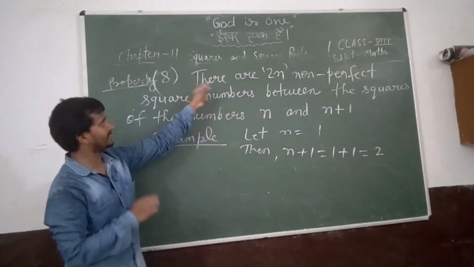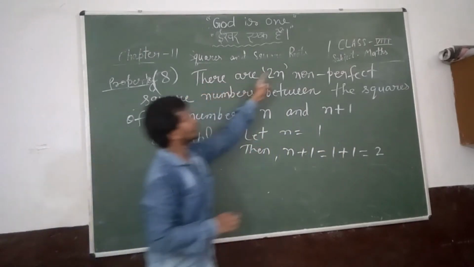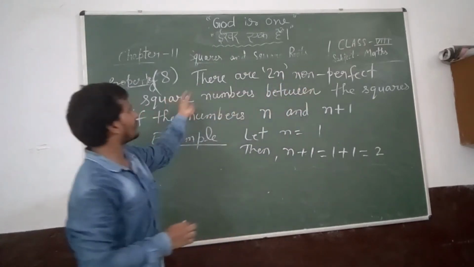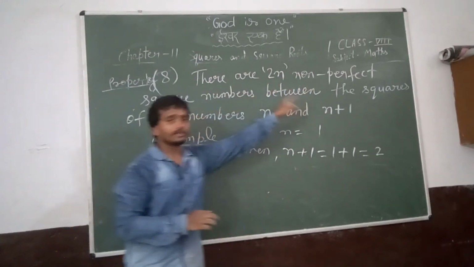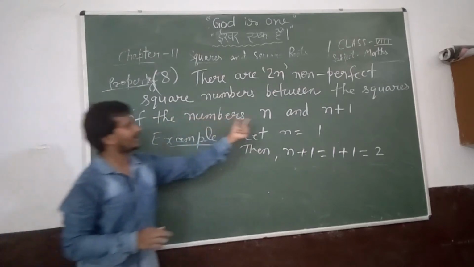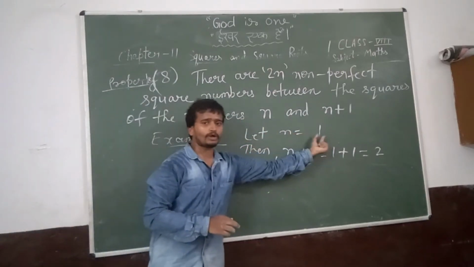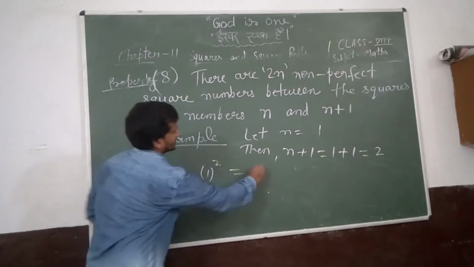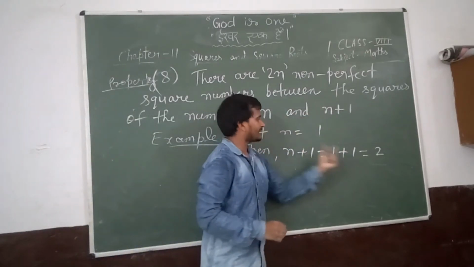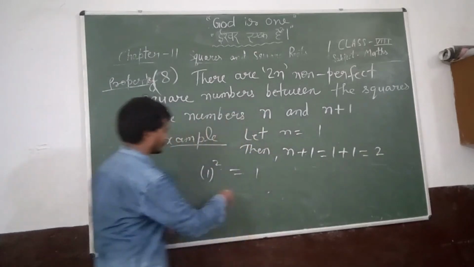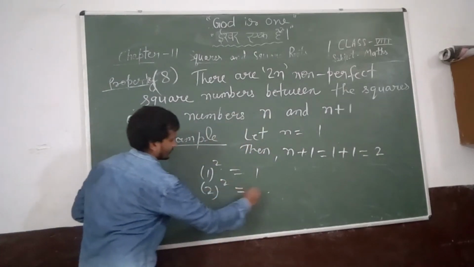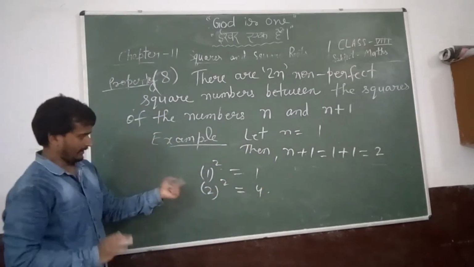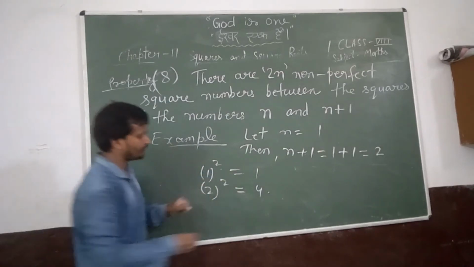Now let us see the statement: there are 2n non-perfect square numbers between the squares of the numbers n and n plus 1. Square of n means square of 1, which is 1, and square of n plus 1 means square of 2, which is 4.